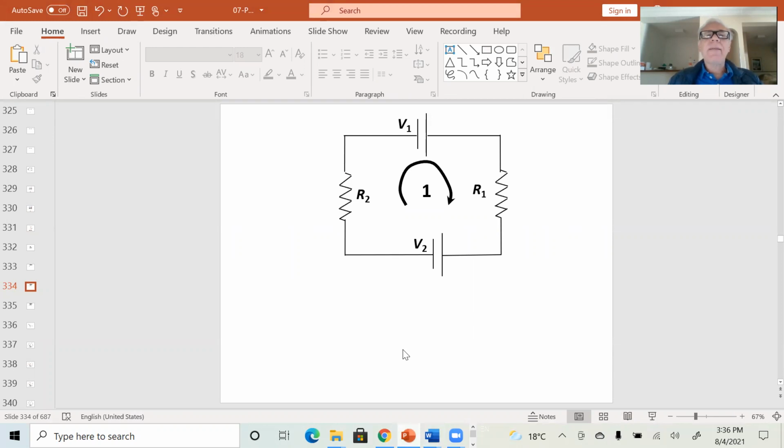What do we do next? Set the direction of the current. You can set the direction of the current any direction you want. In this case here, I set the direction of my current in the clockwise direction, in the same direction of my loop. You do not know the current, you do not even know the direction of the current, but you can set up in which direction you want.